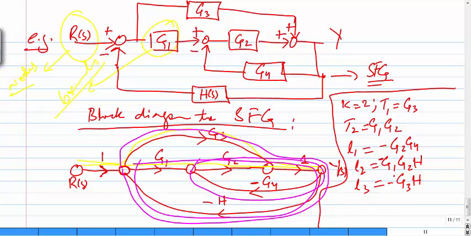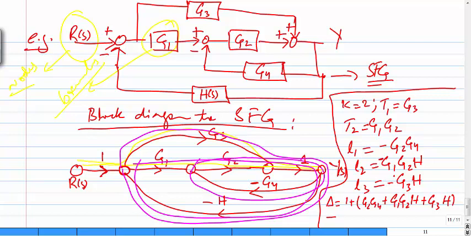So only 3 loops. After that we find it. Now the next thing we have to find is the delta. So delta is 1 minus the loops, and minus minus becomes plus, so we have G2 G4 plus G1 G2 H plus G3 H, then minus non-touching loops.